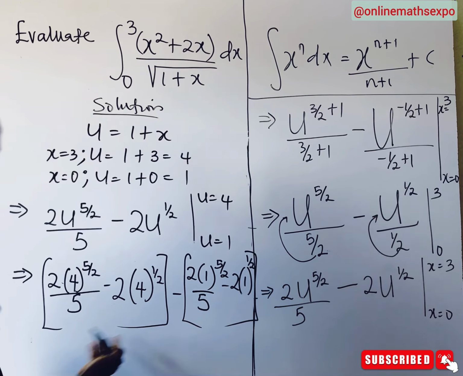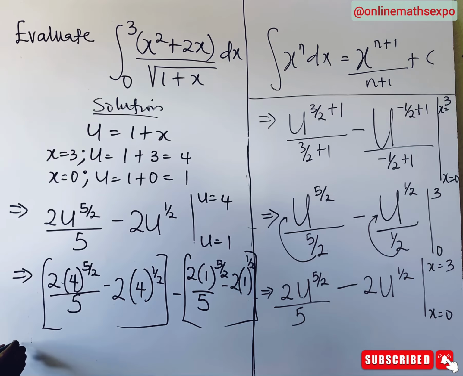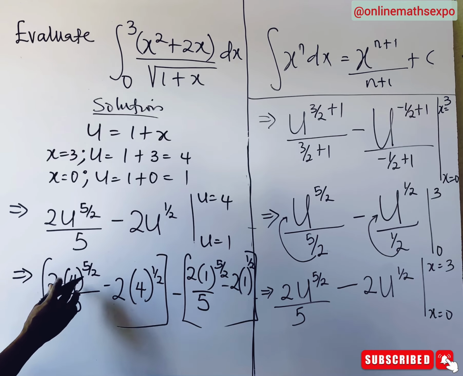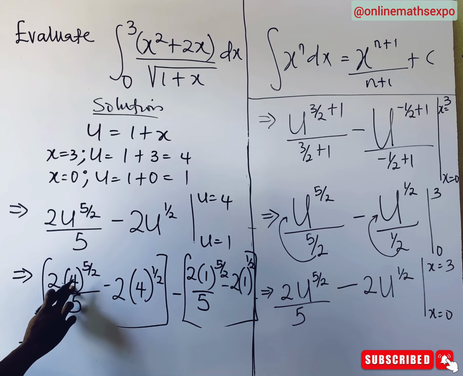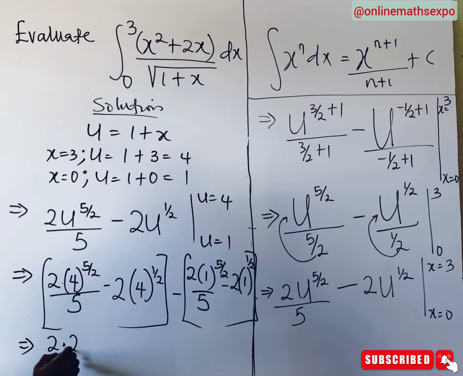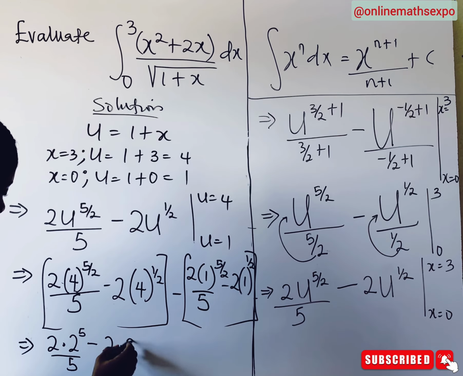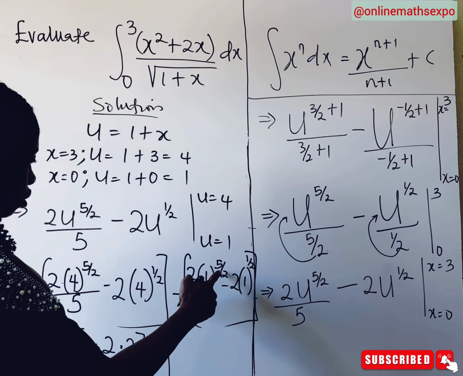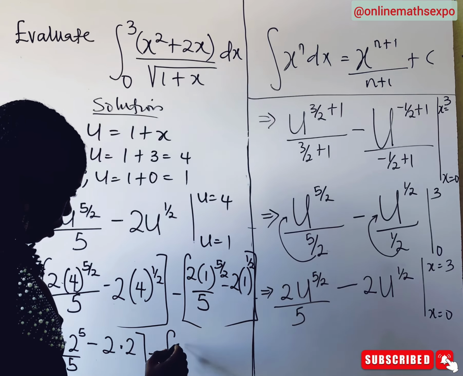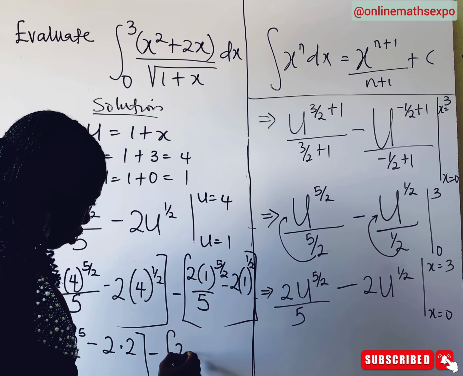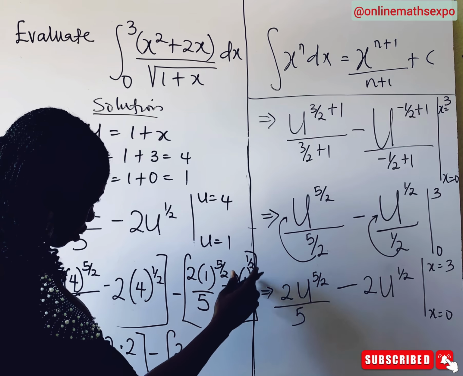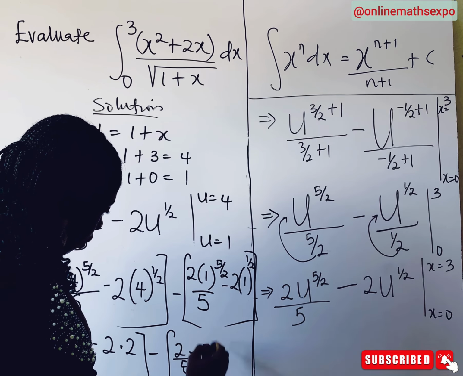Okay, so let's simplify. If you simplify this, the square root will give you 2. And we have 2 times 2 raised to power 5 minus 2, this will give us 2 if you simplify it, okay? Minus, 1 to the power of anything is 1. So 1 times 2 is 2 over 5 minus 2 over 1.